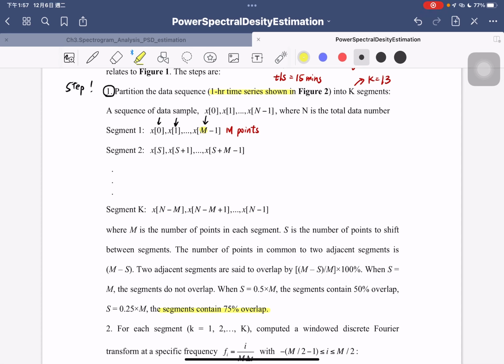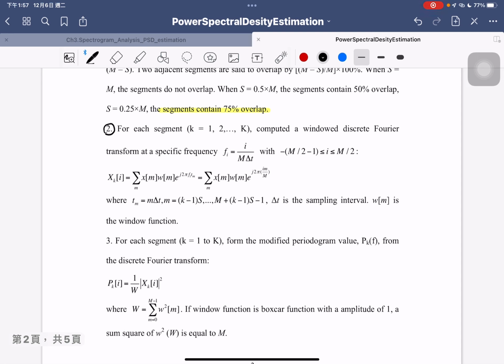Okay, so we have the 13 small segments, and we move to the step 2. And for each segment, I compute the Fourier transform. So you can see here, I compute the Fourier transform, and I will have the spectrum amplitude result.